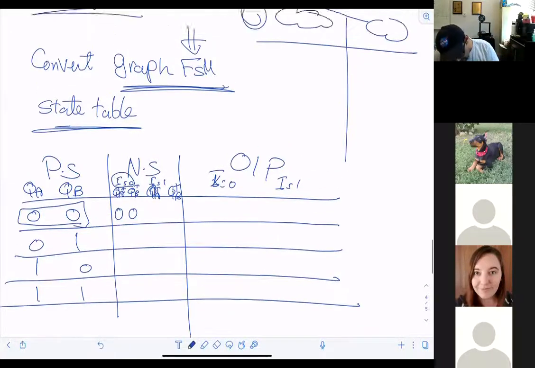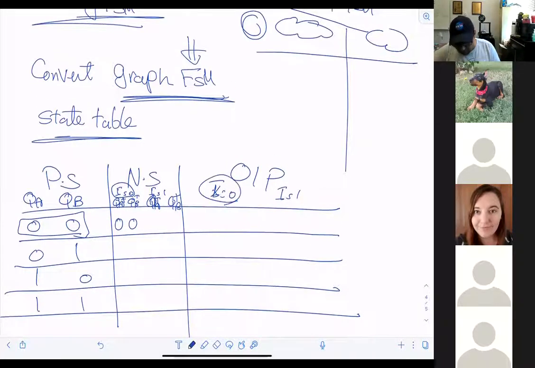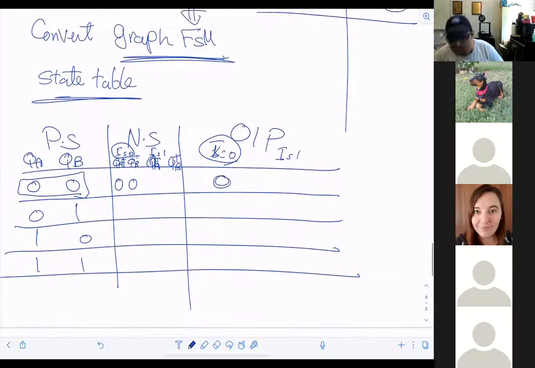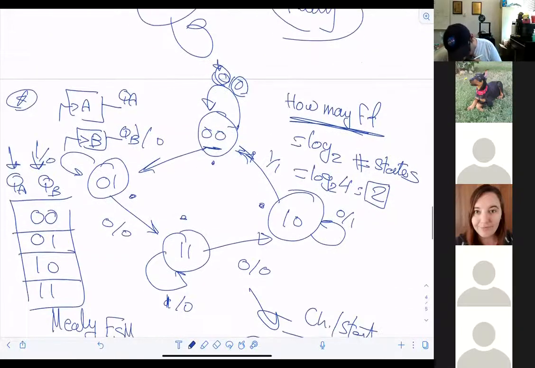Now, when the input is 0, in that particular case, the output is what? 0. Super good. We'll move to the next. Now I'm in 0, 0, and I'm heading to 0, 1 when my input is 1, and my output in this case is 0.